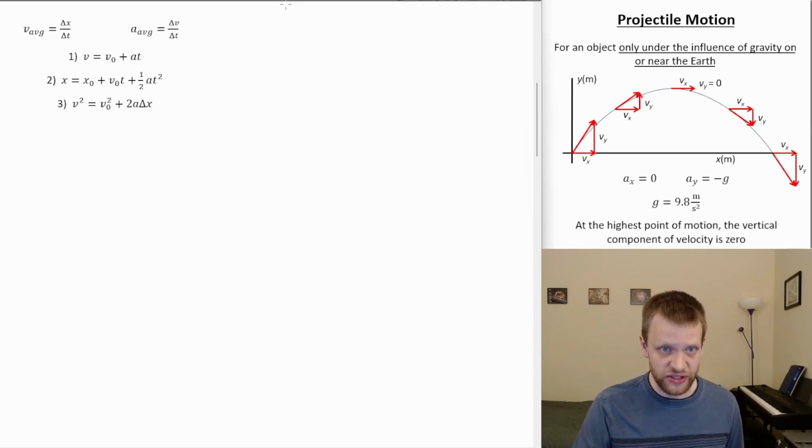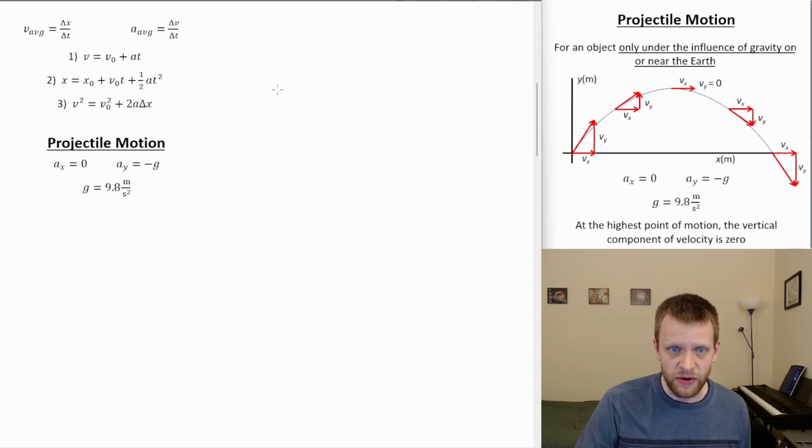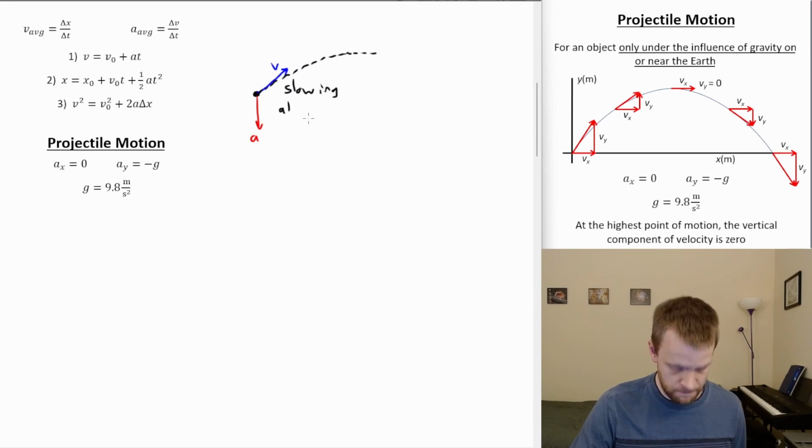This actually matches with some other properties that we talked about. Let's say I have an object where the velocity is going in this direction and the acceleration is going straight down. In this case, the motion of that object is going to be slowing down and the path of that motion is going to be curving. So slowing and curving.